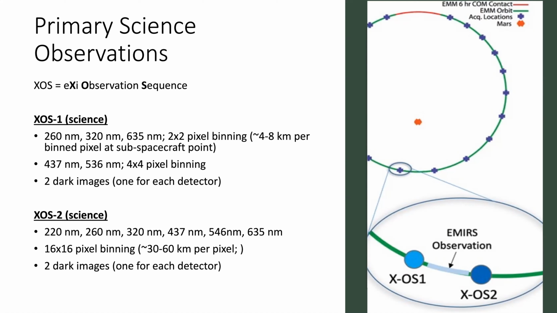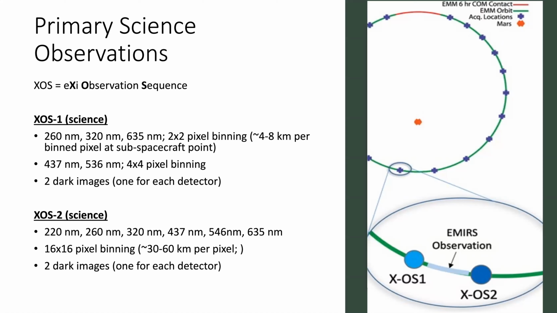Then there's a second set, which is probably kind of strange. Those are binned 16x16, and the idea is to capture places on the planet observed by EMIRS, which happens between these two sequences, but were not present when we did the XOS1, or were extreme on the limb. So pixels rotate into view that weren't there originally, or maybe in a better geometry. That's what the XOS2 is for.